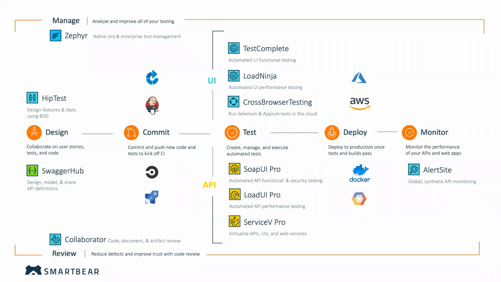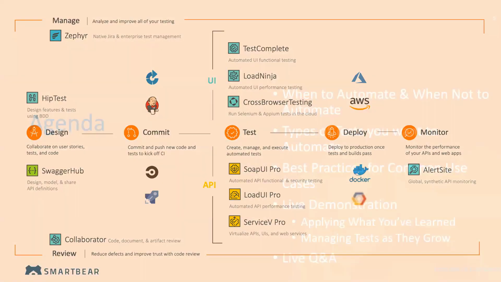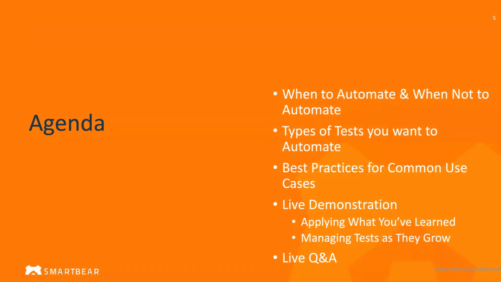Awesome. Thanks again, Nick. All right, so let's get started with some Selenium best practices. I'm going to start by briefly going over the agenda, what we're going to talk about today. So we'll start out discussing when to automate and when not to automate. We'll talk about the types of tests you do want to automate with Selenium. We'll go over some best practices for common use cases, common things you would do with Selenium.